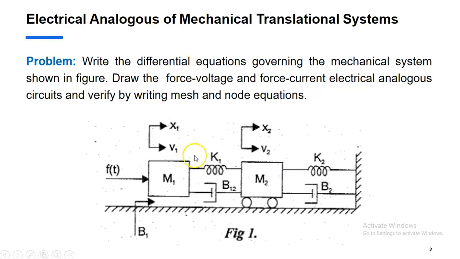Here this is the given mechanical translational system for which we have to write the differential equation and we have to draw the force voltage and force current electrical analogous circuit and verify by writing mesh and node equations.